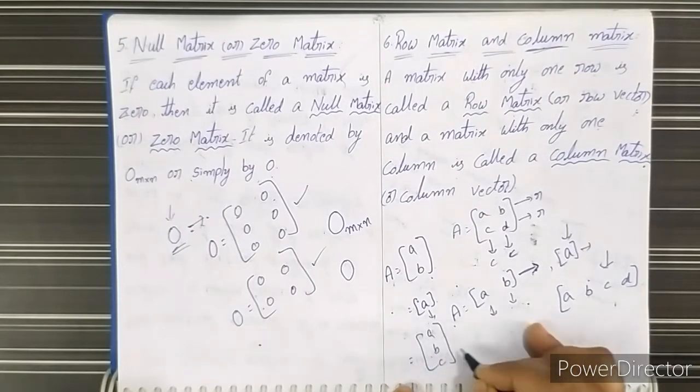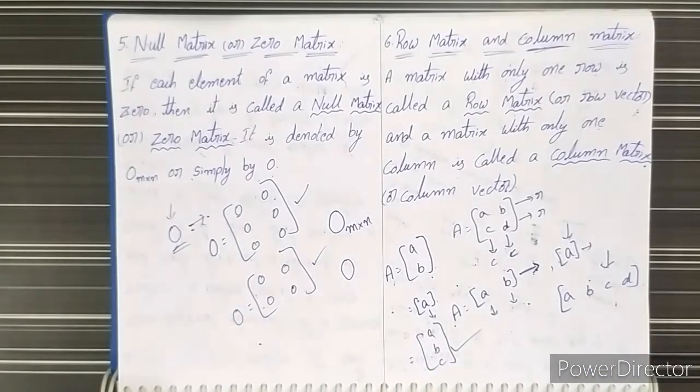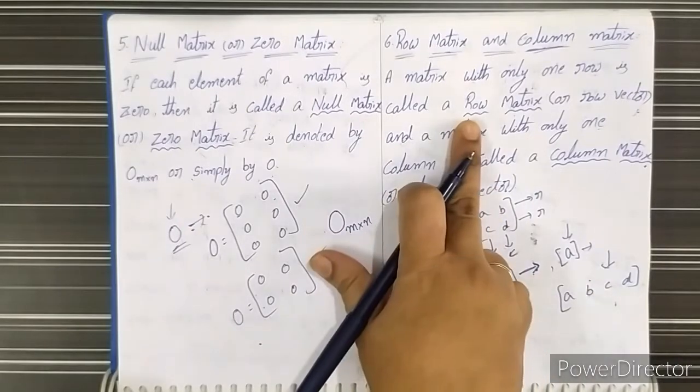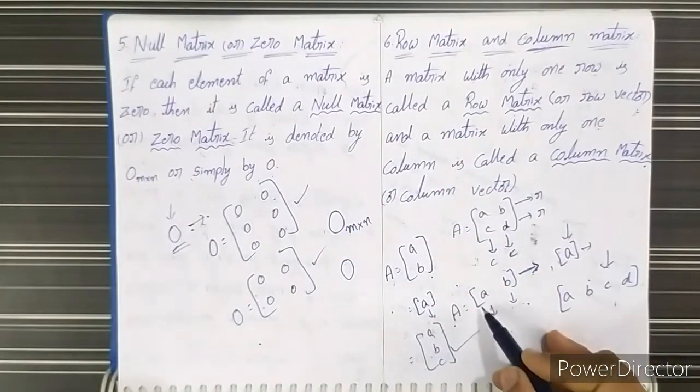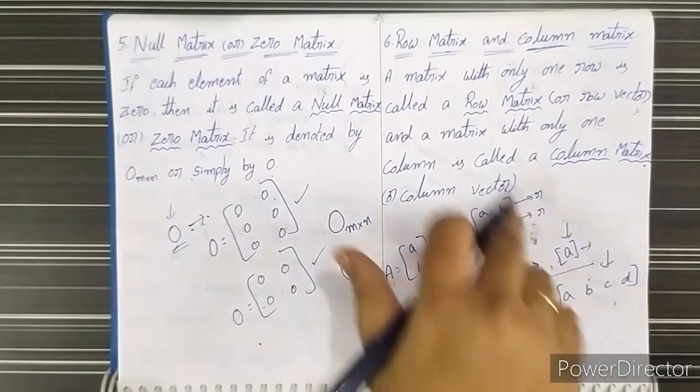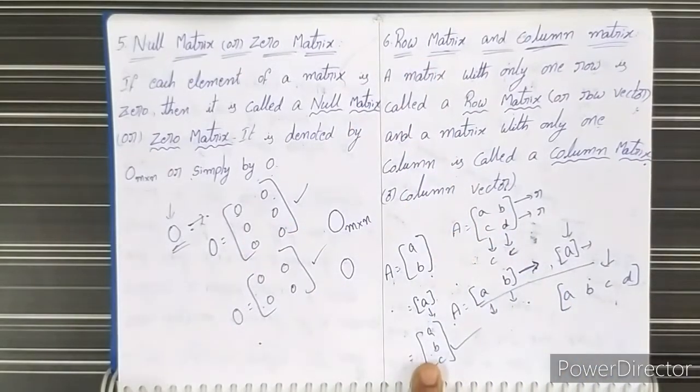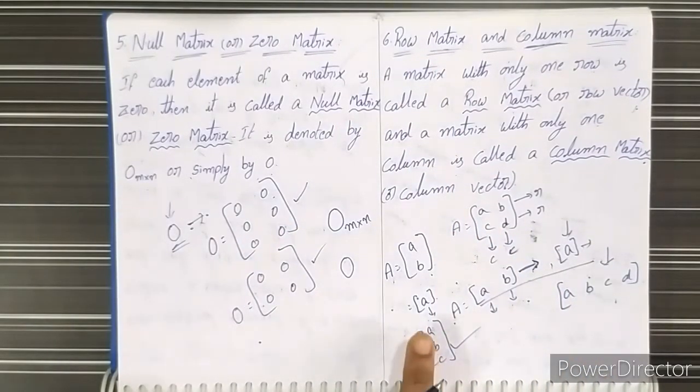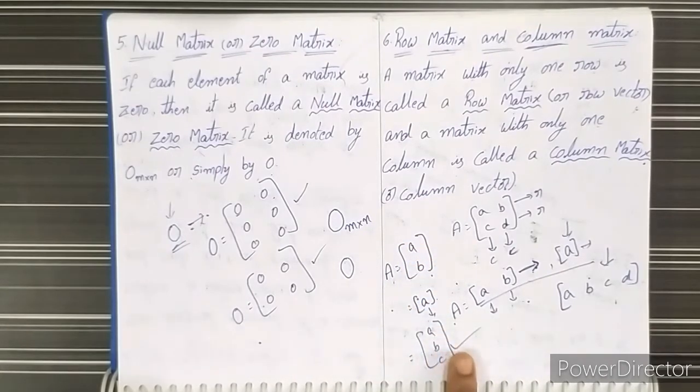This is also called a column matrix. Row matrix means a matrix with a single row is called a row matrix, and column matrix means a matrix with a single column is called a column matrix.